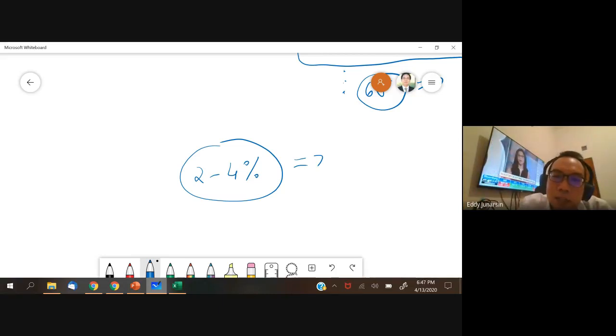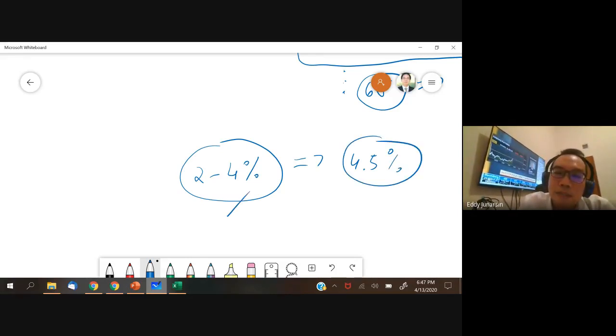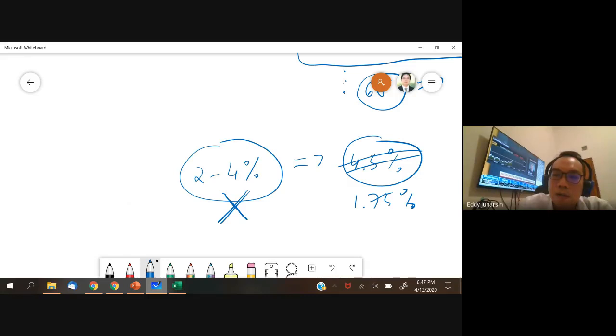Let's say that at the end of the year we find out that the economic growth of Indonesia this year is 4.5 or even 4.25%. Then your statement is not correct, right? Or yeah, maybe the negative side, maybe 1.75%. It means that your statement is not right either. Not right either.